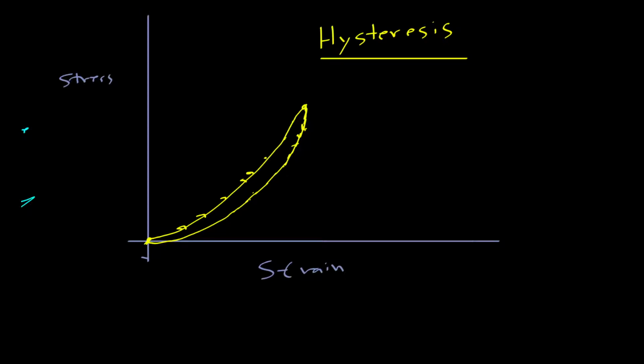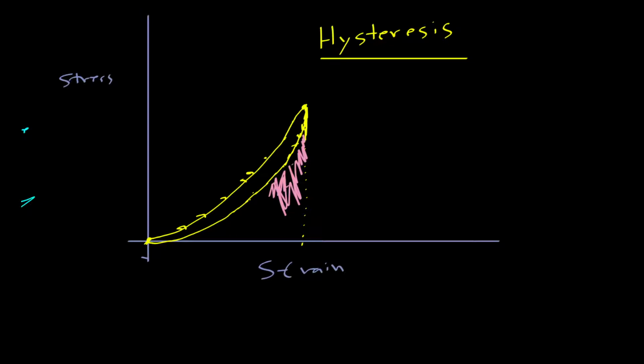And given that we know that the area under this curve is the amount of energy stored on the way up, pay close attention to what I'm shading here. This area is the amount of energy stored, and I'll choose a different color. This is the amount.